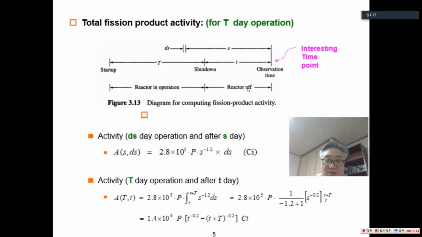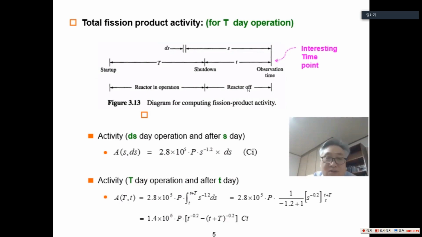So in the previous page, we learned that after one day of operation, and then past then, we will have this expression, 2.8 times 10 to the 5. Okay, so we operate large T days, then we have to multiply this expression for large T and plus t.